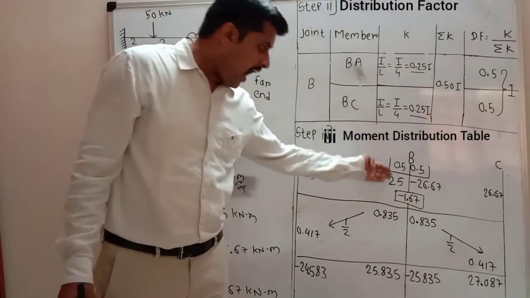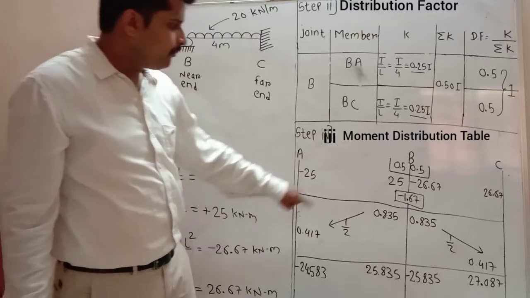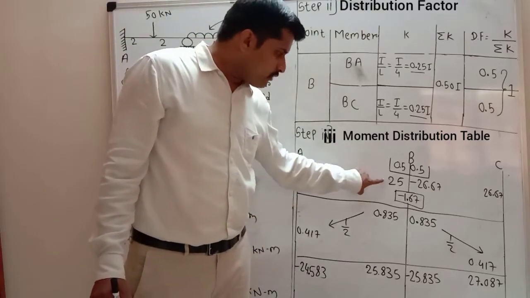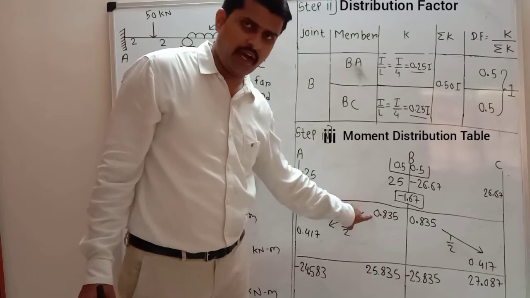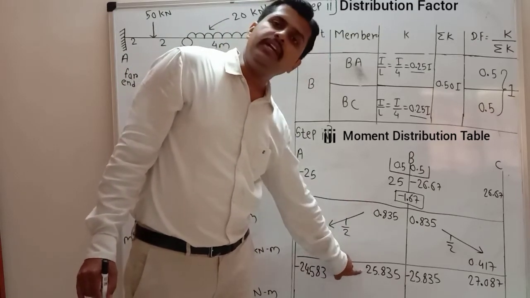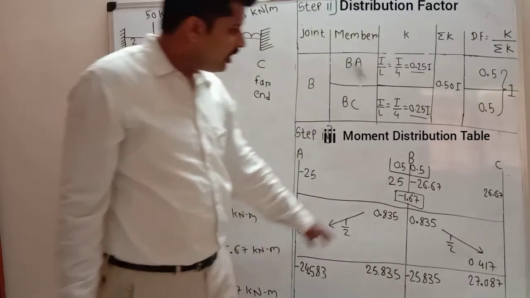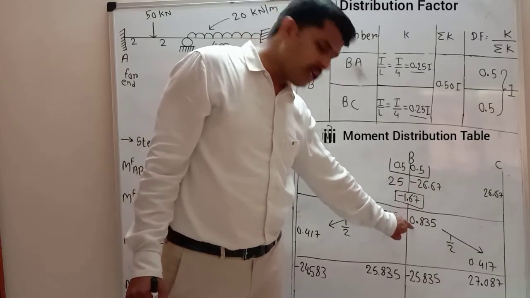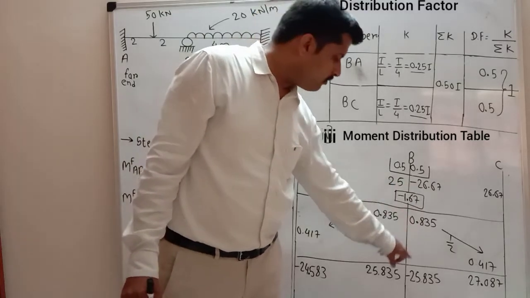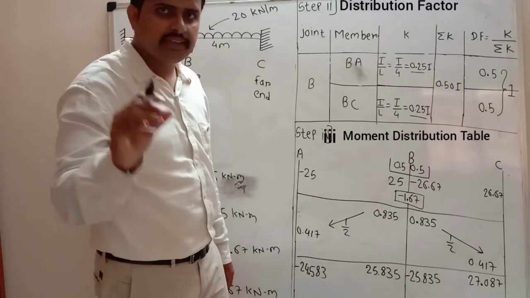Again, add all the moments below joint B. So it will be 25 plus 0.835, we will get 25.835. Minus 26.67 plus 0.835, we will get minus 25.835.